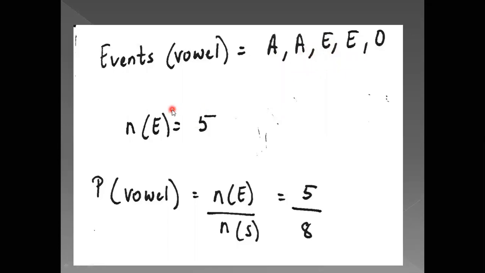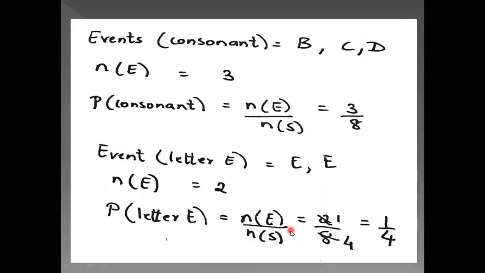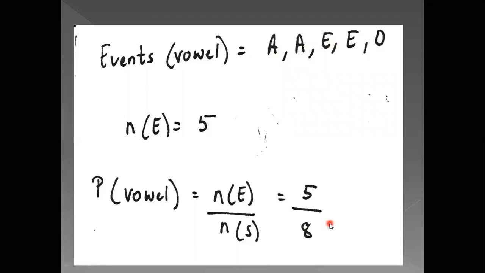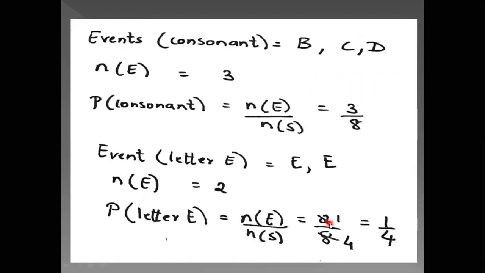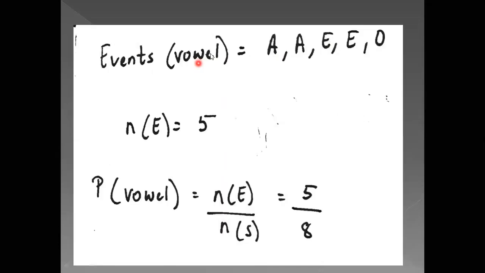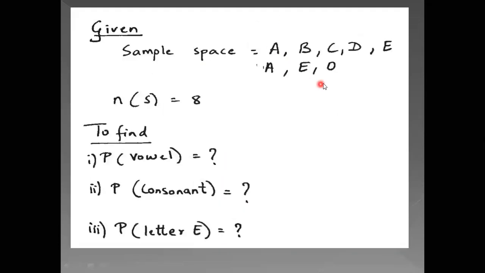Number of events is 5. Now probability that it is a vowel is number of event upon number of sample space. So number of event is 5 and number of sample space is 8. So the answer is 5 upon 8 because you cannot cancel it. Okay. Now next, event consonant. So you have to see from the listed sample space which are the consonants.